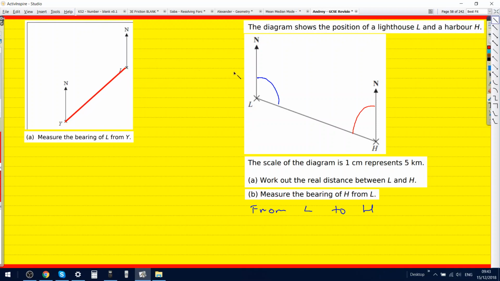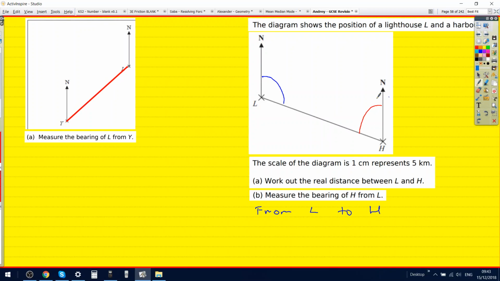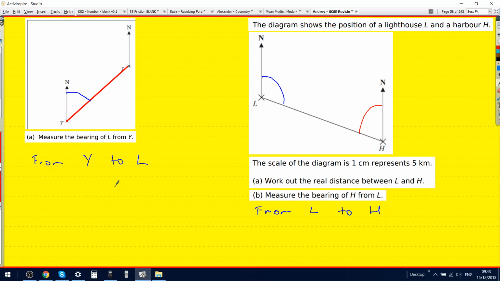Okay, and so what angle is it referring to of L from Y? So from Y to L. Yeah. To L. And so which angle would that be? The bottom or top? The bottom. Yes. So that's the angle that you measure. The angle between the line that connects them and north.